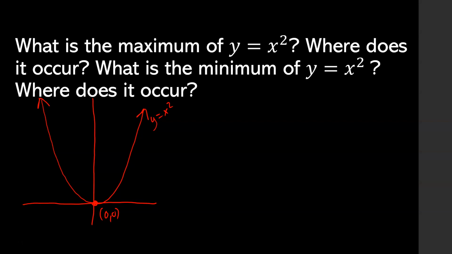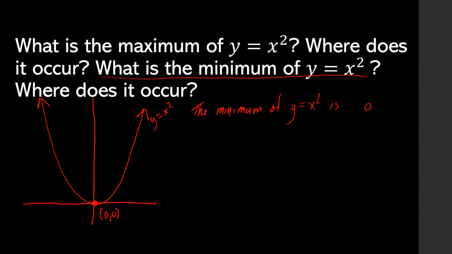When we say, well, let's just work on the minimum. What is the minimum of y equals x squared? Well, we all know that's going to be 0. But is that x equals 0 or is that y equals 0?